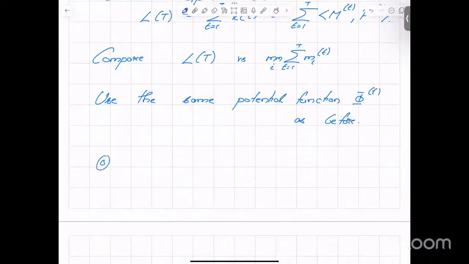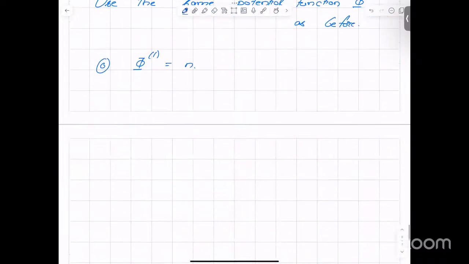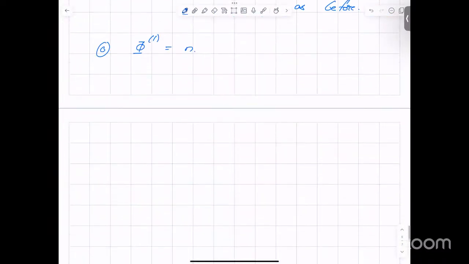So phi_1 is going to be n initially. Let's ask, how does phi_(t+1) behave with respect to phi_t? So what is phi_(t+1)?